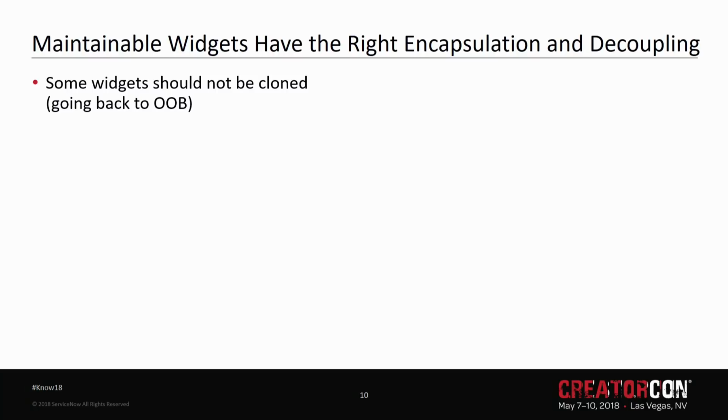So I don't know about you, I'm pretty busy. I don't like looking at diffs. So when you clone a widget, you need to have a really, really good reason to do that. And our policy is we need to let ServiceNow own the widgets that they should own. Things that have complex business logic, things that are likely to change from version to version, things like the shopping cart, things like form rendering, service catalog rendering.